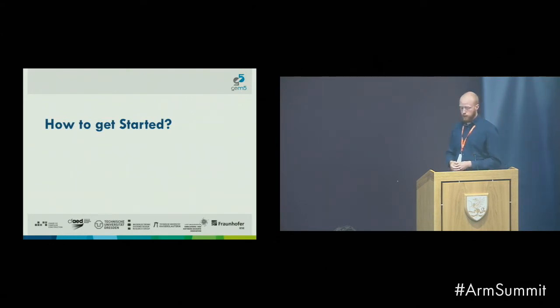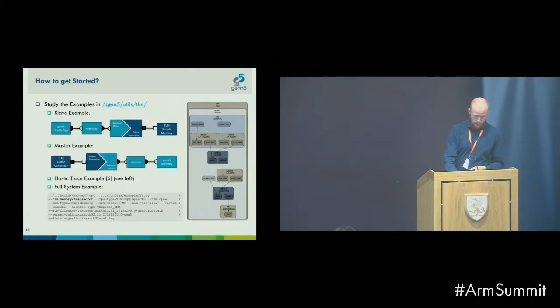Okay, so how can you use it? First of all, I recommend you to have a look at the examples that we created, and you can find them in the util/tlm directory of Gem5. So there's the example which I just showed you, Gem5 CPU connected to SystemC memory.